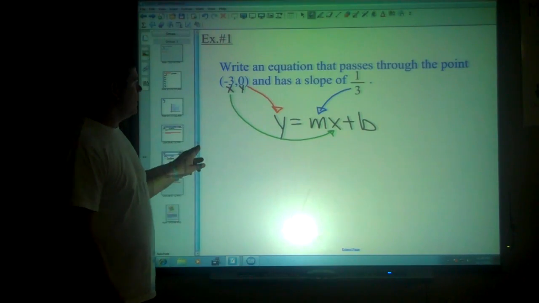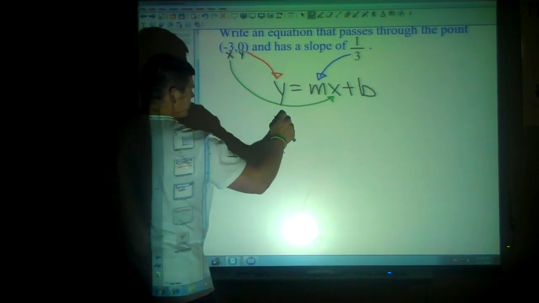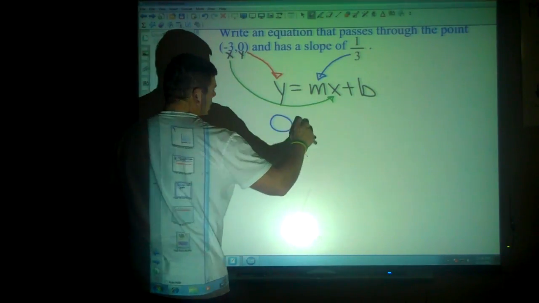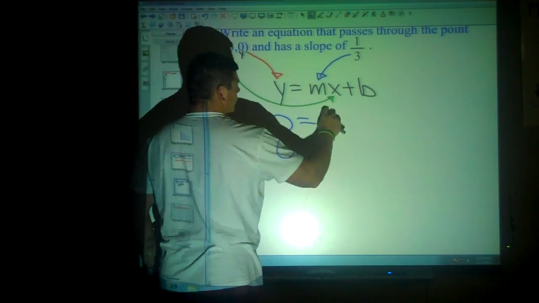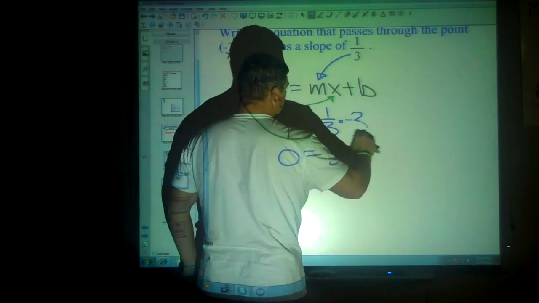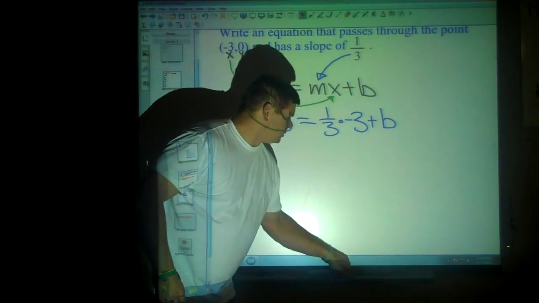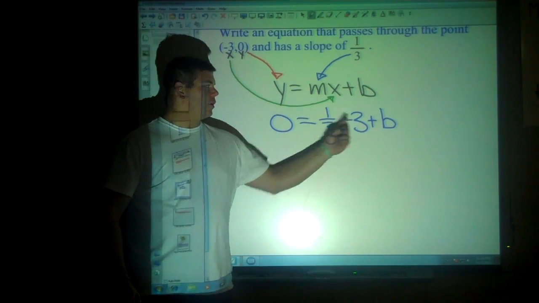So I plug everything in that I can into this equation, and I will now have a y value of 0 is equal to my slope of 1/3 multiplied by my x value of -3 and the b value that I don't know. Now I can actually multiply 1/3 and -3.